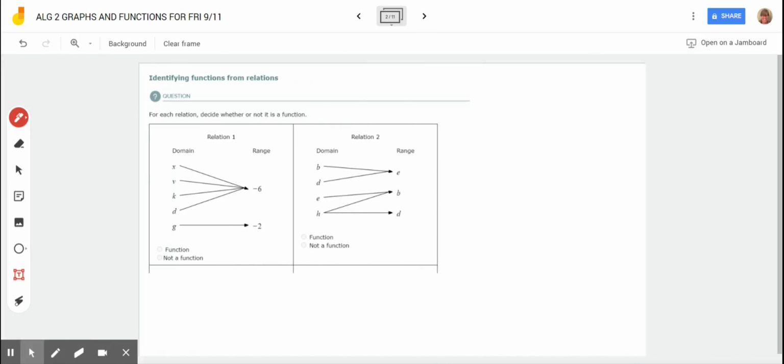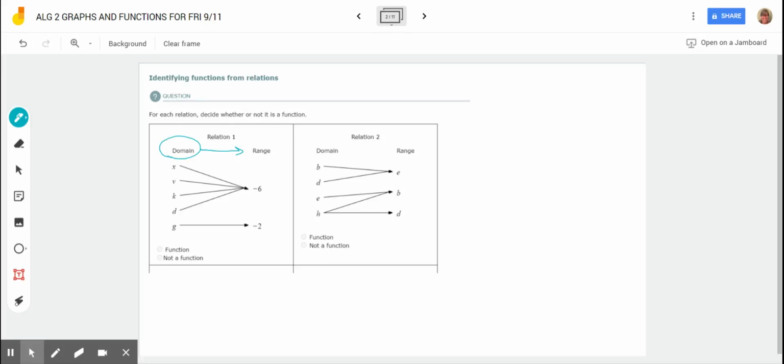Okay, knowing that a function is a relationship of one-to-one can sometimes be a little confusing, especially when they give you a bunch of stuff like this. It's actually super simple. The rule is that every input, the domain, relates to one output.